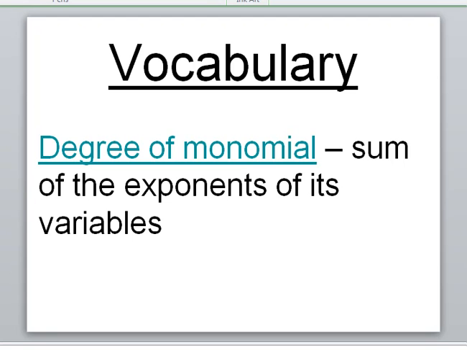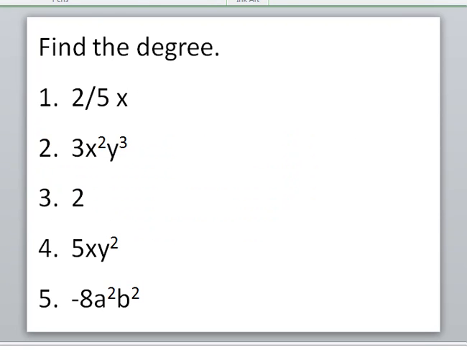There's such a thing as a degree of a monomial, and it's the sum of all the exponents. So if I find the degree of each one of these, it's the sum of all the exponents. This has an exponent of 1, so the degree is just 1.